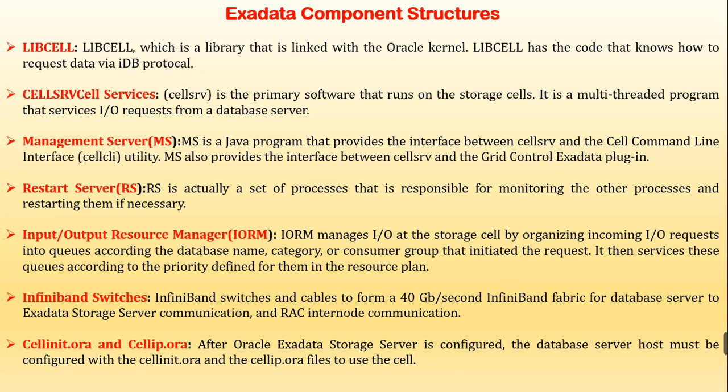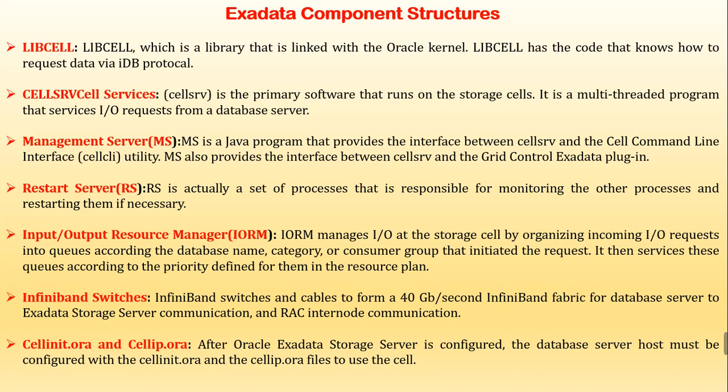Also the input output resource manager, IORM. IORM manages IO at the storage cell by organizing incoming input output requests into queues according to the database name, category or consumer group that initiated the request. It then services these queues according to the priority defined in the resource plan.